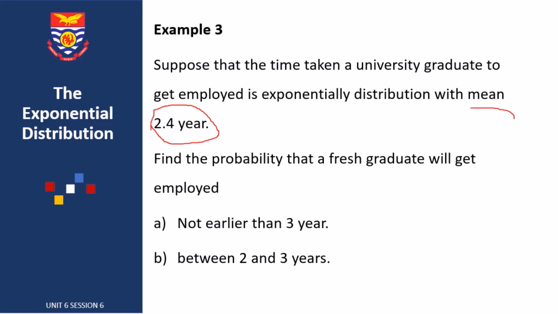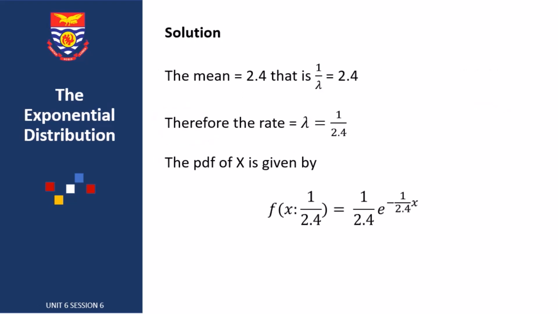Now, let's continue the question. Find the probability that a fresh graduate will get employed not earlier than 3 years, and between 2 and 3 years. I hope it's clear. So that's the A part. Here we know that the mean is 2.4, and what will be the rate?